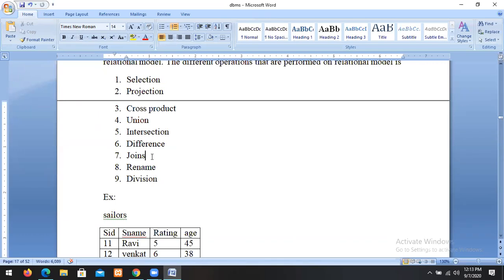Inner join again has three types: theta join, equijoin, and natural join. Theta join has a condition like greater than or equal, less than or equal. When the join contains the equal operator, it is called equi join. When there is no condition, it is called natural join.